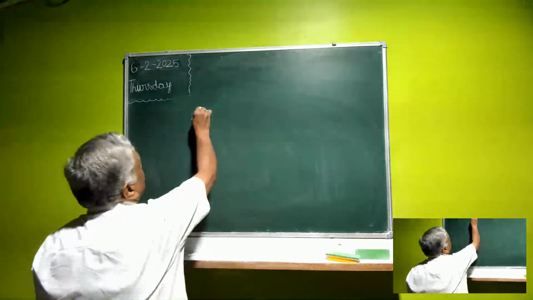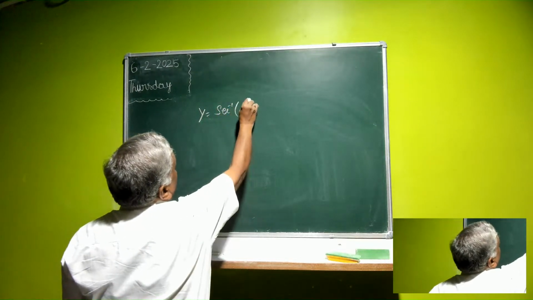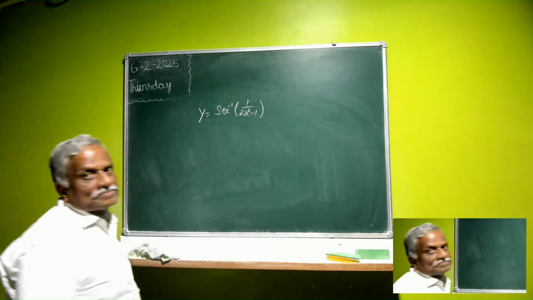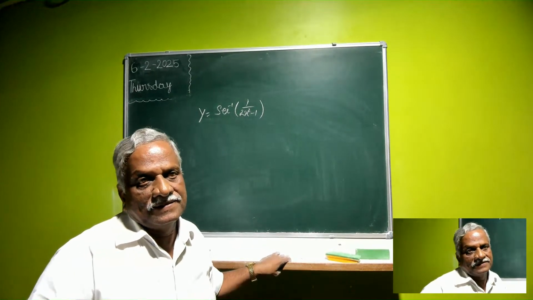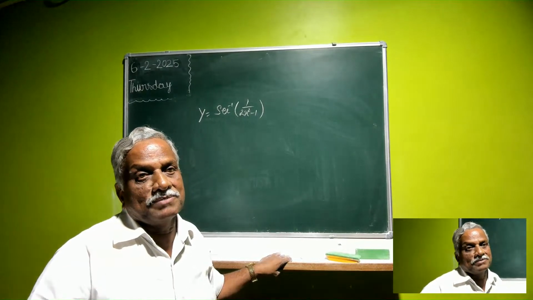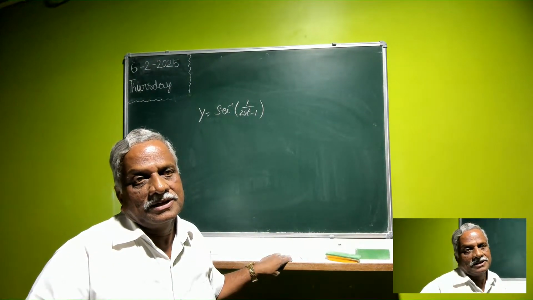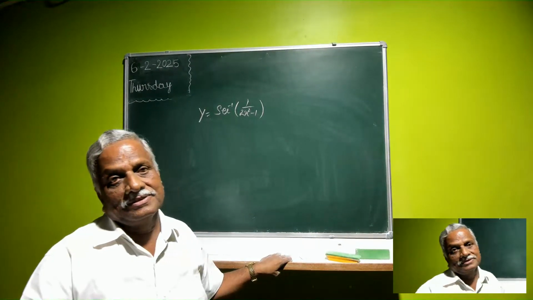y is equal to secant inverse of 1 over 2x square minus 1. See, 1 minus 2x square is there. You can use sin theta because 1 minus 2 sin square theta is cos 2 theta.